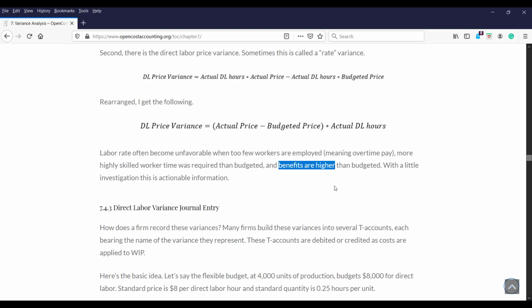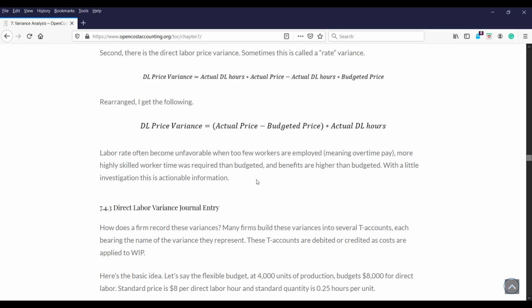Perhaps there's some sort of government involvement in healthcare, which inevitably increases the price of that healthcare, or maybe the industry as a whole has adopted a certain kind of fringe benefit, and now you're expected to pay for that as well. Perhaps there are union negotiations that have taken place in which the benefits that are required have increased. So the price per direct labor hour has increased in some way.